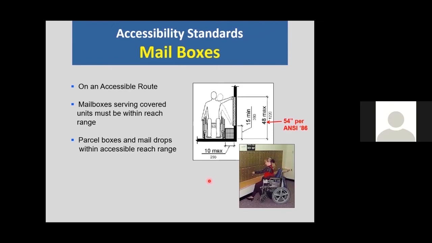Now in Michigan, we're looking at 15 to 48 inches because we reference ANSI 2009 within our building code for accessibility requirements. HUD still recognizes the 86 standard, so there could be some projects looking even up to 54. But for Michigan projects, we're really looking at this 48 max top range in a high-rise elevator building. This is all of the mailboxes in the building. It can be a huge design challenge.